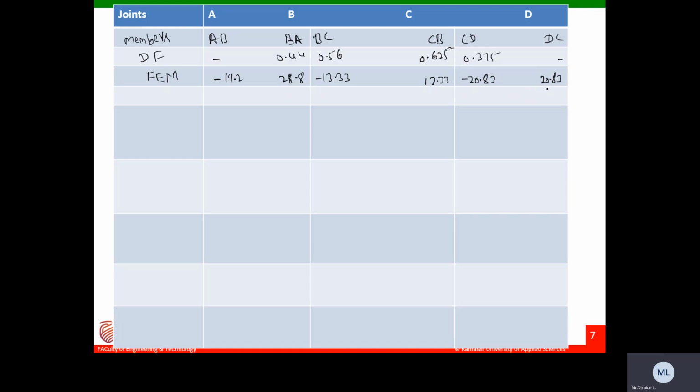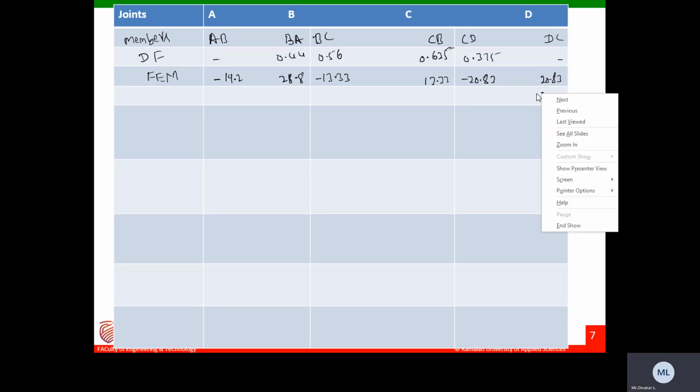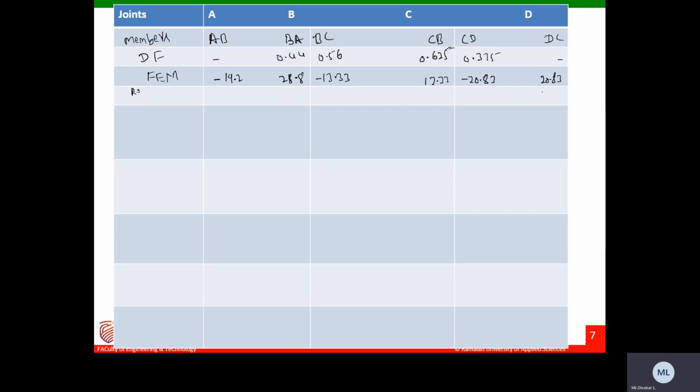How do I make it 0? I need to release this and carry over. Then you release the moment. How much do I have to release? Release minus 20.83 at the DC.